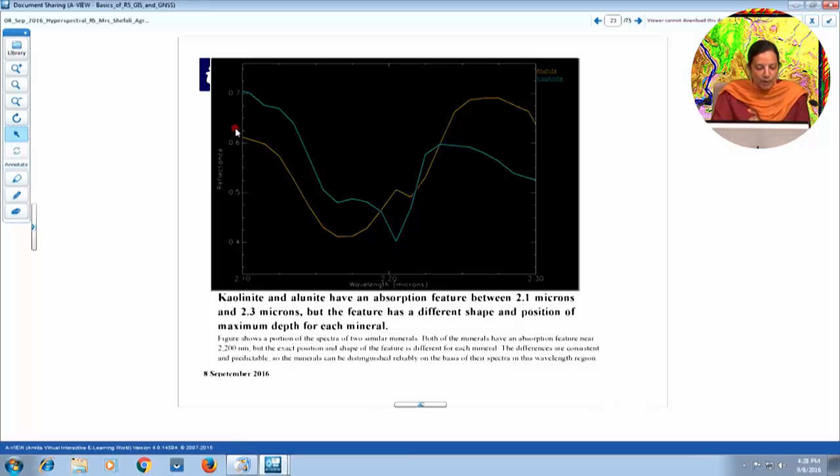If I talk about broadband multispectral remote sensing, my observation would be with a 60 nanometer bandwidth. Everything will fall into one, and this difference in the dip region would be missed out. Here the bandwidth is how much? 20 nanometers. The difference between 2.1 and 2.3 is 0.2, so it will be around 20 nanometers here, and it will be easily detectable.